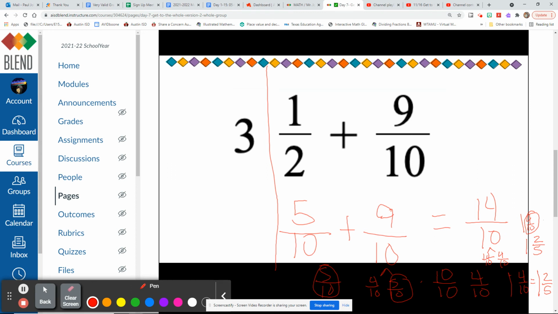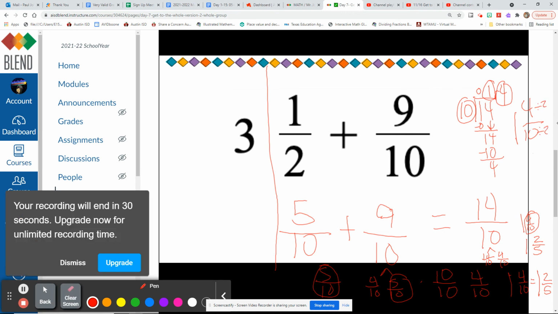Then finally, if you did it with 14 divided into 10 groups, 10 goes into 1 0 times. Bring down the 4. 10 goes into 14 one time, which gives us a remainder of 4. So 1 is our whole number, 4 is our numerator, 10 is our denominator. Once again, 4/10 has to be simplified, so let's divide our numerator by 2 to get 2, our denominator by 2 to get 5, and we'll just keep our 1 whole the same.